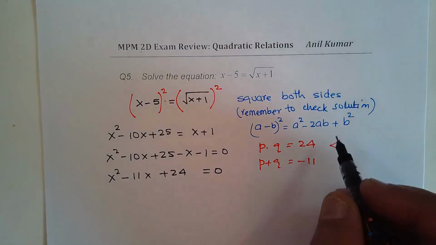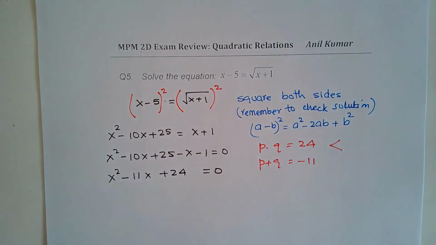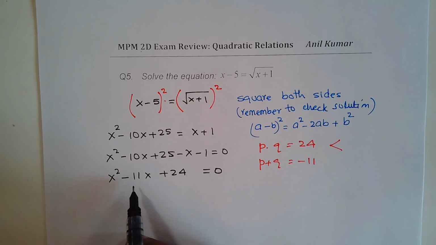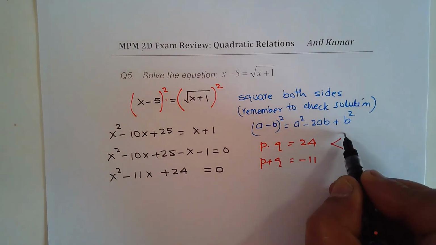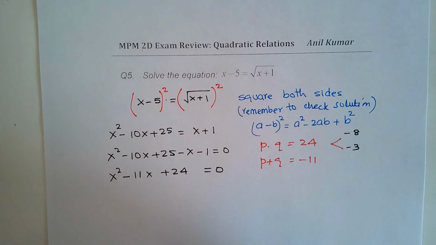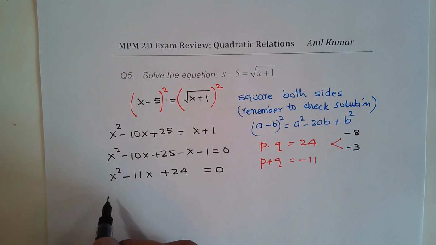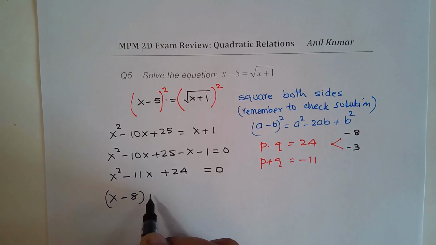Well, 12 and 2 will give us 24 but not 11. 8 and 3 can give you the right solution, right? So both negative. So negative 8 and negative 3, when you multiply, will give you 24 positive, right? So it could be factored as x minus 8 times x minus 3 equals 0.